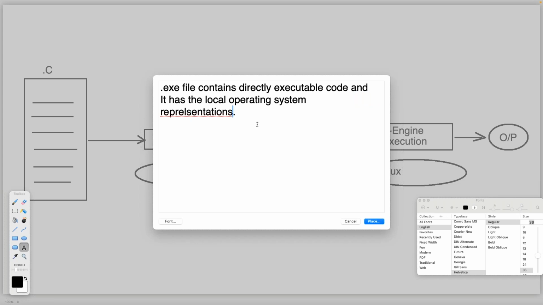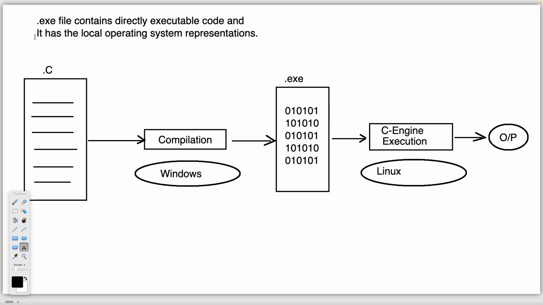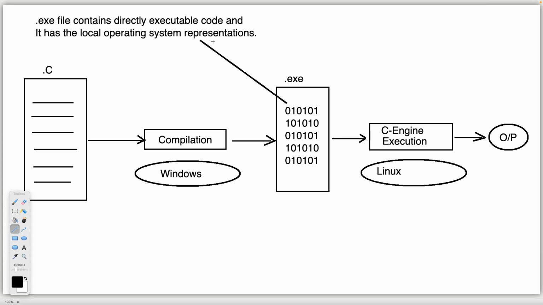Understand it clearly? What representations do we have there? Local operating system representations. This is exactly the meaning of the .exe file. Tell me guys, what is the nature of the .exe file? Now all of you tell me what exactly is the meaning of this .exe file. The .exe file contains directly executable code and it has the local operating system representations.